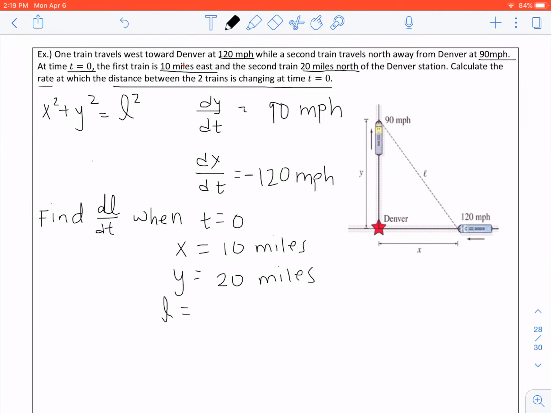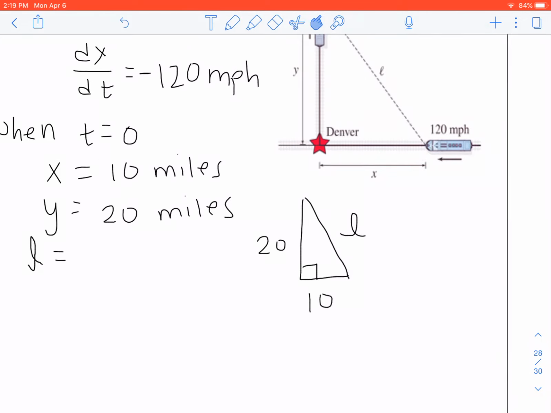In order to figure out what L is, I'm going to set up a triangle over here. I know that x is 10, y is 20, and I need to find L. This does make a right triangle, so I'm going to substitute these values into my Pythagorean theorem.